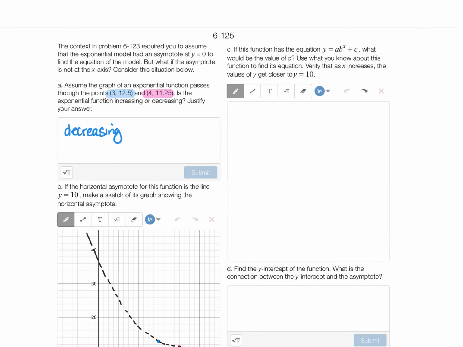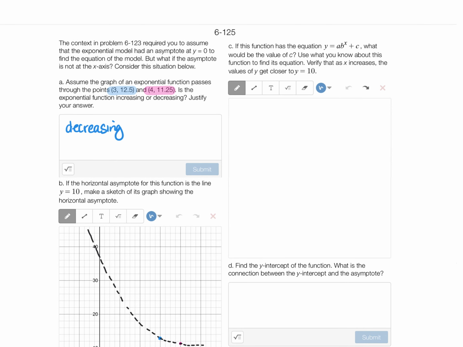So let's talk about the equation now. Since we have an asymptote that's not 0, we have to include that in our generic equation. This time we know that the value of c is 10. All right, so we have 2 equations that we could write. Let me write out what our generic equation looks like. We've got 2 points we can use.